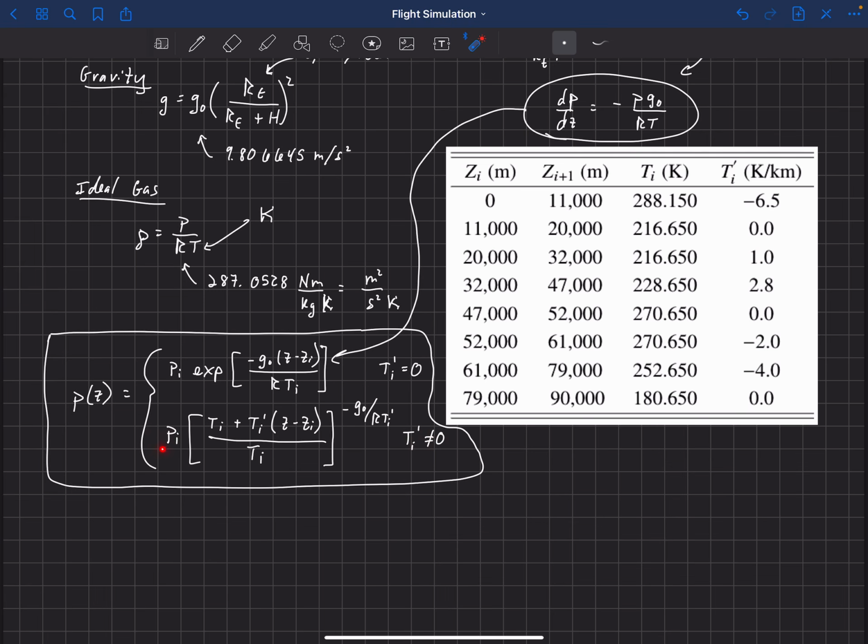And then I need P sub i, so it depends on P sub i, which is the pressure at the beginning of this altitude region. Okay, so I'd actually need the pressure at this altitude and the temperature at this altitude. Now I've got the temperature at the beginning of this altitude, right, at 20,000. But I also need the pressure, and the pressure at 20,000 actually depends on the solution to the pressure from the previous region. So it's the ending pressure, right?